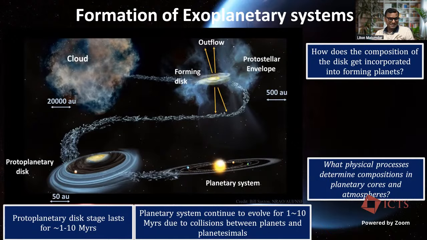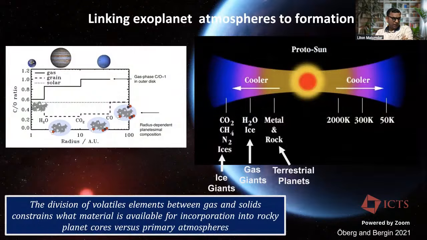So we have all seen that. And the parameter that essentially controls the diverse chemical ingredients for planetary atmospheres is linked with the ice lines for different molecules in the protoplanetary disk.